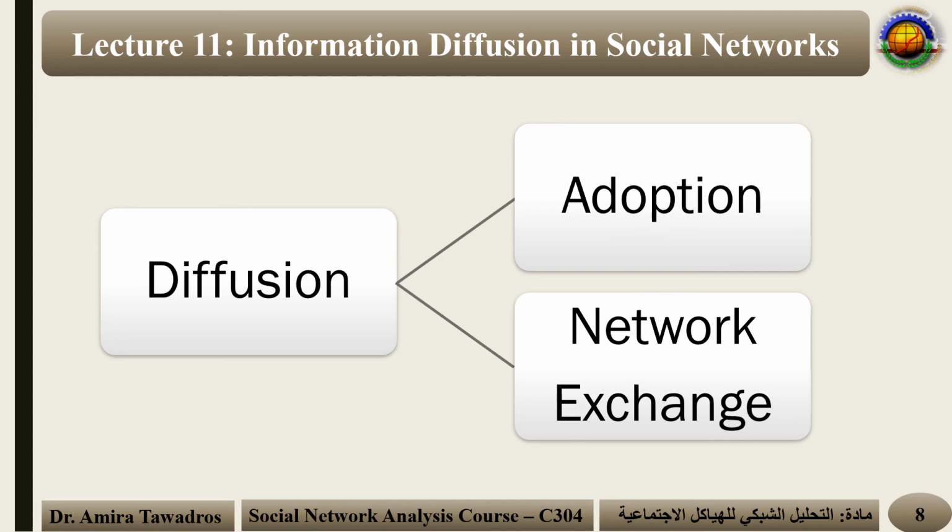It's based on the network structure as a whole. So adoption views the action of an individual as the driving force, while network structure research takes a global view, focusing on all the interactions inside this network.